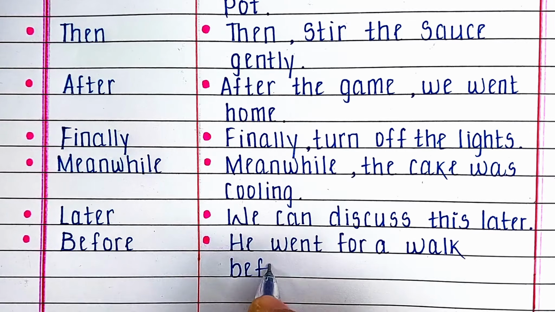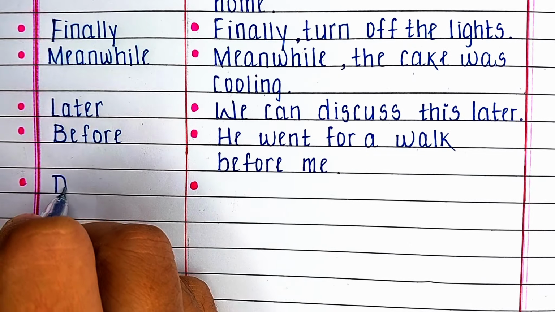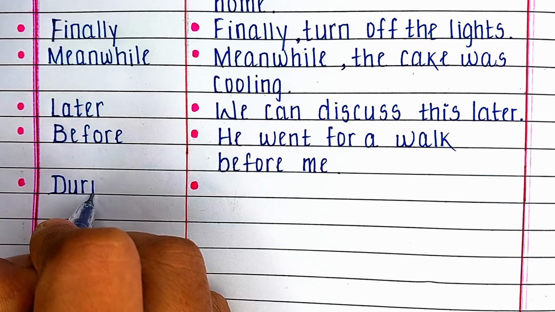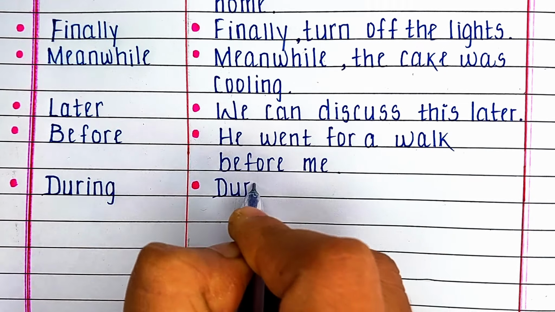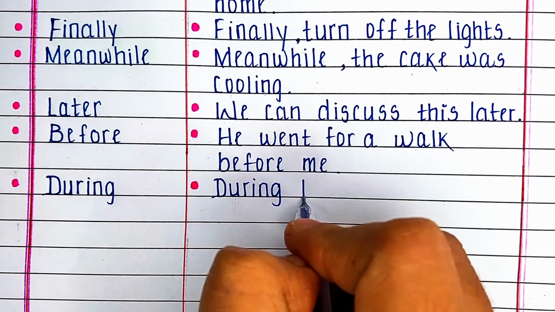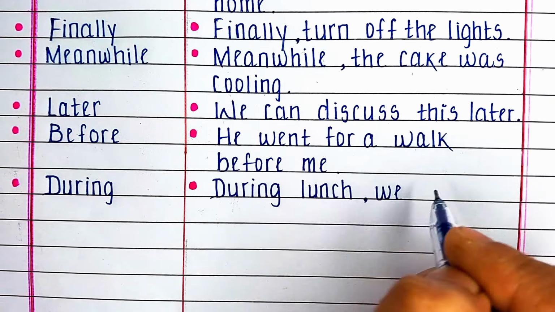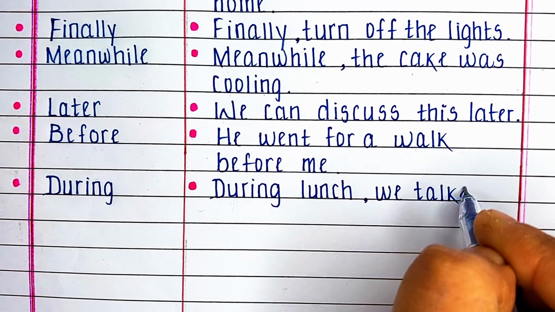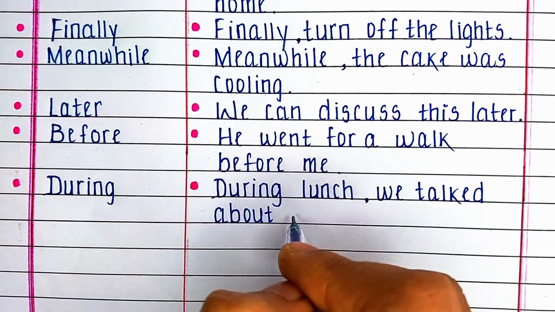Example, he went for a walk before me. Next word is during. Example, during lunch we talked about it.